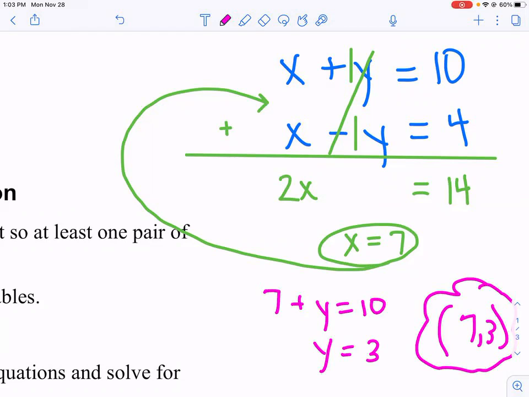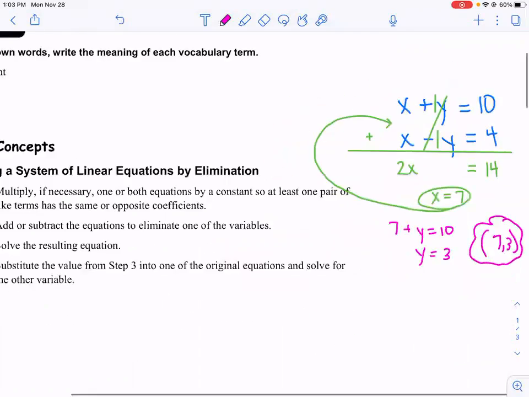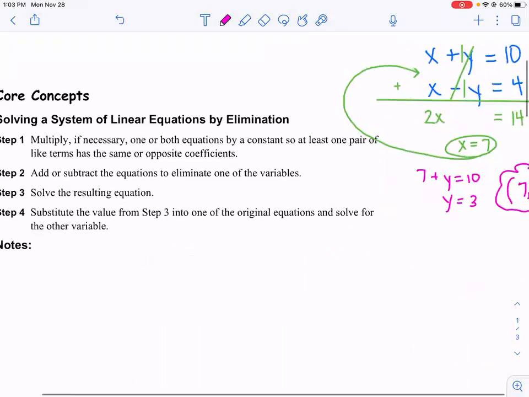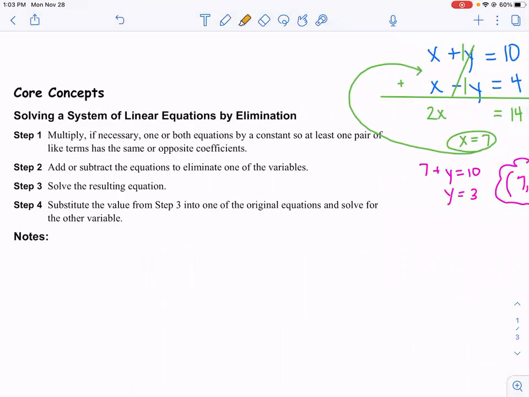Ladies and gentlemen, this is what we call elimination. It sounds cool too. Elimination. Okay, so these are our steps. We want at least one pair of opposite coefficients. Okay, so one pair of like terms that has opposite coefficients.